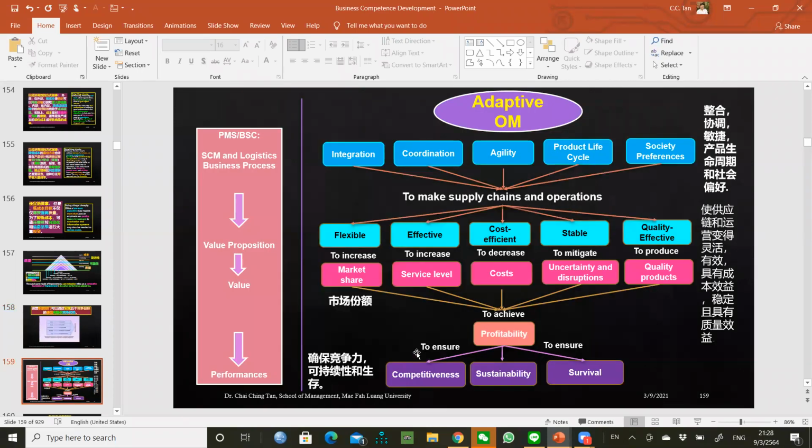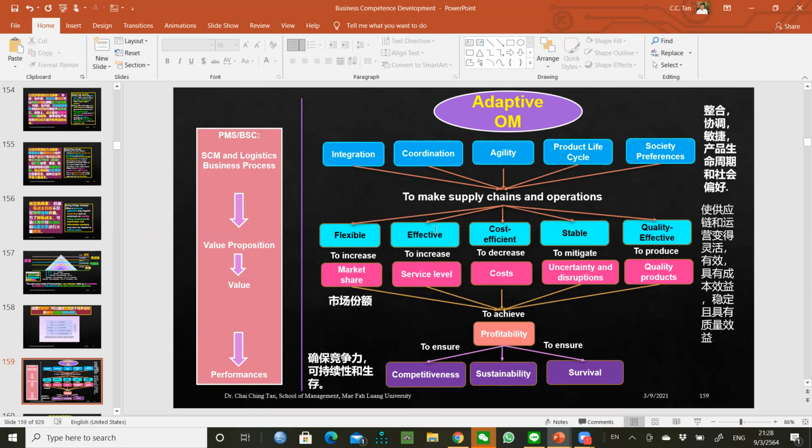And therefore, by the ability to adapt your operations in the way I just described, your ability to integrate all the functions of your operational requirements and competencies, your coordination across all the functions, your agility in the ability to deliver to the requirements differently, product life cycle being responsive, and society's preferences, you are able to make all these integrations of what I have explained to you in the input, process, outputs, and all this business model.